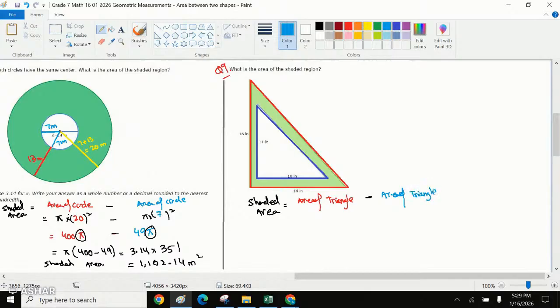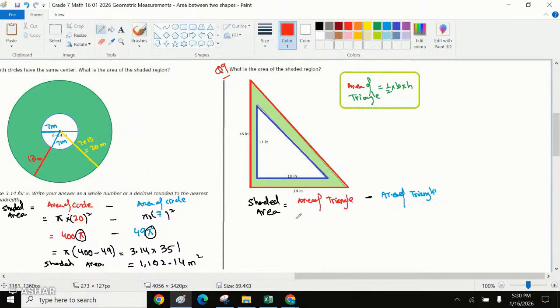And what is the formula for the area of a triangle? The area of a triangle is always written as half times base times height, right? So we can recall the formula and use it to find the area of triangles.